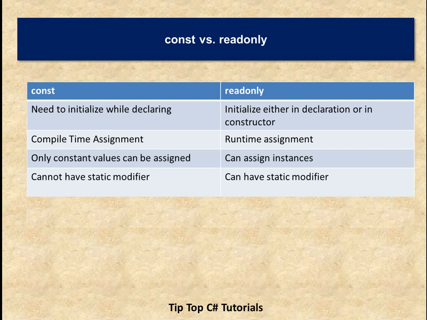And how about the assignment? For constant, it is a compile-time assignment, whereas for readonly, it is a runtime assignment, meaning that you cannot use the new keyword along with a constant. So a constant should be constant.